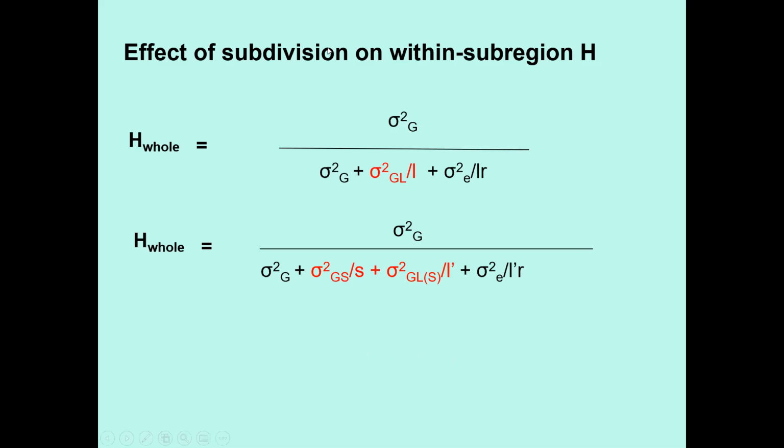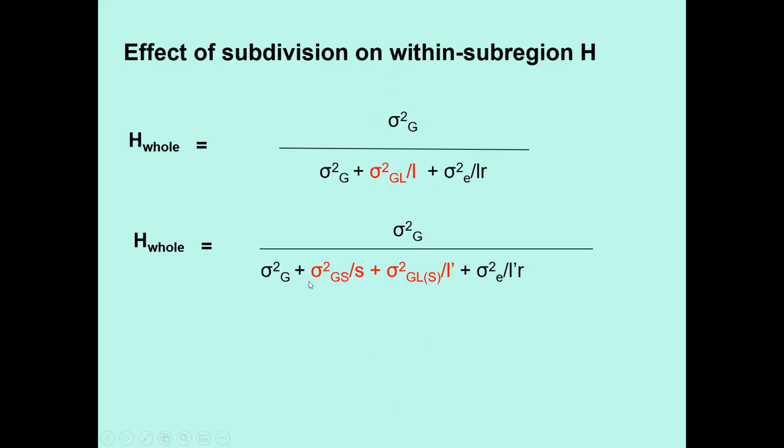What really happens to heritability and genetic and G by E variances when you subdivide and set up two separate programs, one for each region? Well, in the whole region, heritability is the ratio of the genetic variance for the whole region to the phenotypic variance, which is the genetic variance, genotype by location variance divided by the number of locations in the whole region, and the error variance.